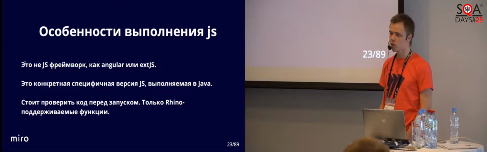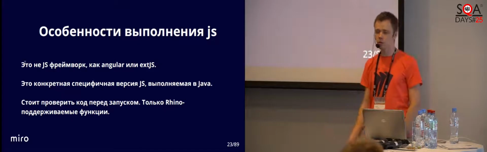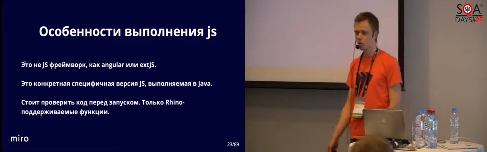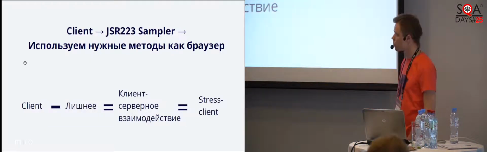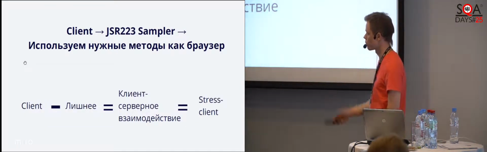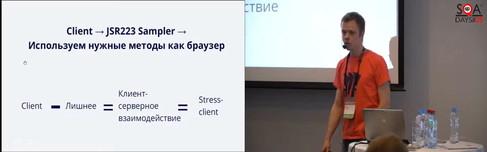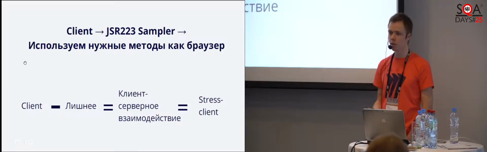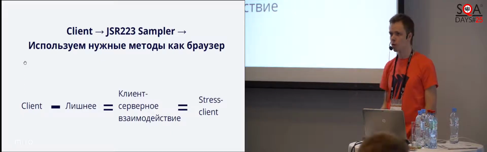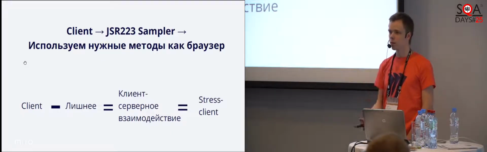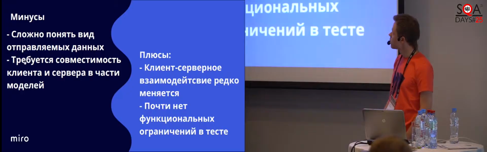It's not just a JS framework like Angular or Express. And if you'd like to use the existing client, most likely it will not work, because you have to rewrite the structure. You know what we did? We took the client, we took out all the solutions too abundant for us, and used the method we just needed. We used client-focused data, and we were using everything that our client could do.